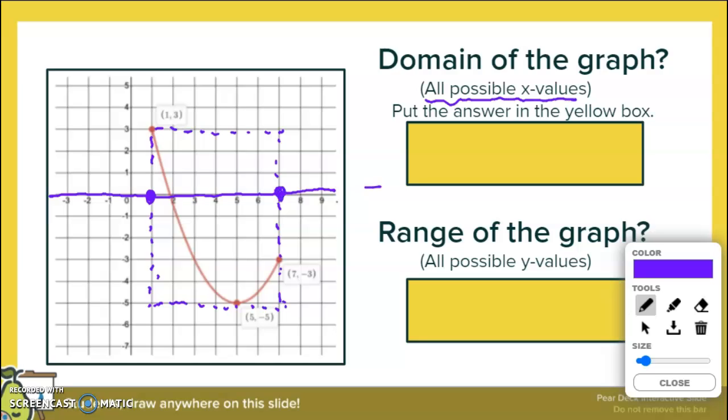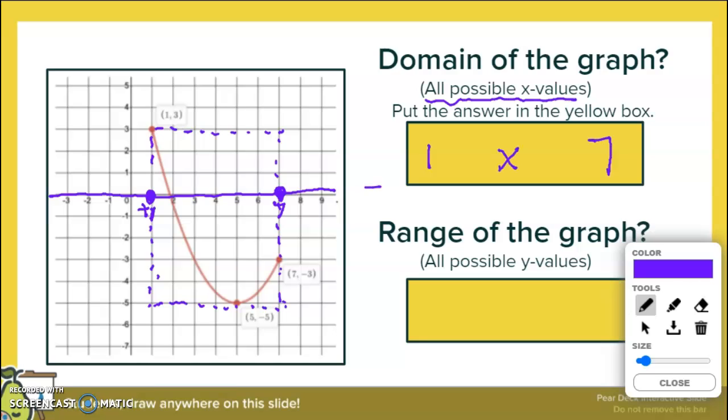It starts from positive 1, and it goes all the way to 7 here. So it extends from positive 1 to positive 7. Notice that just the way on the graph, the positive 1 is on the left and 7 is on the right, I do the same thing. And in between, we're dealing with the x value.